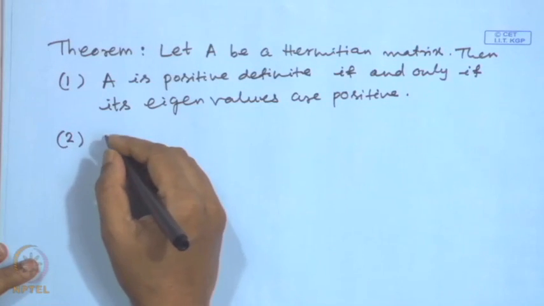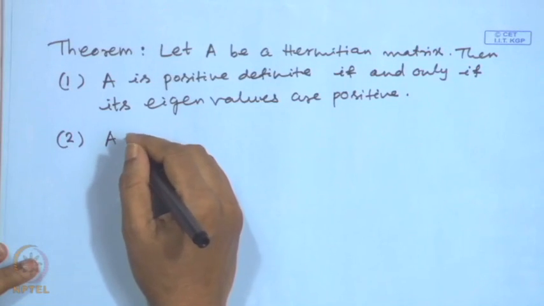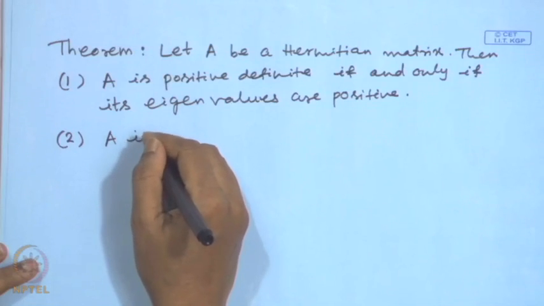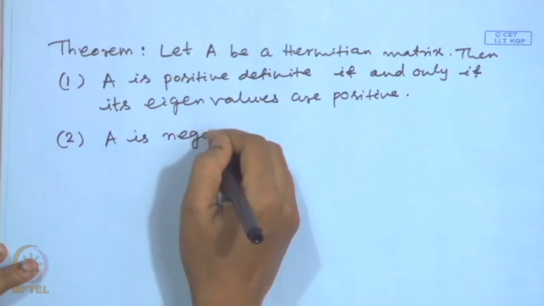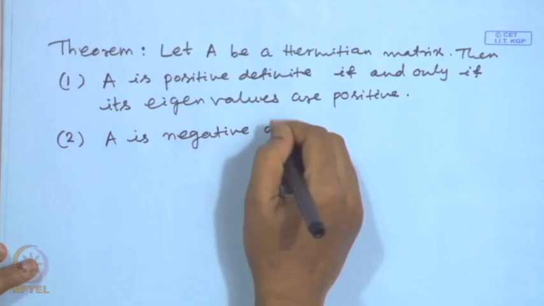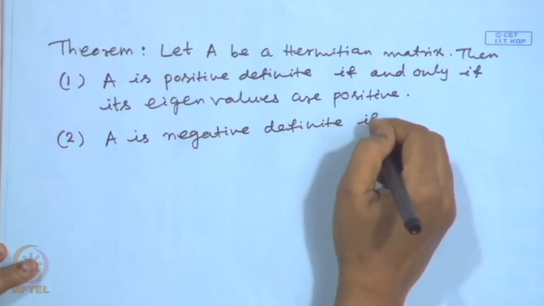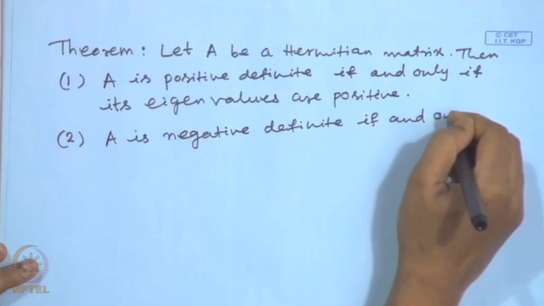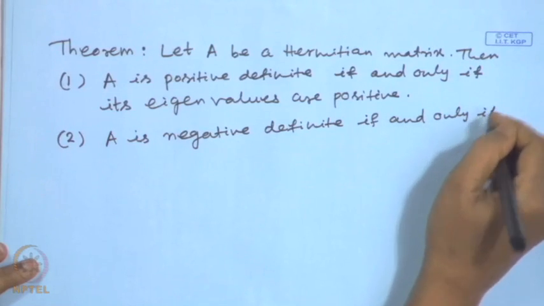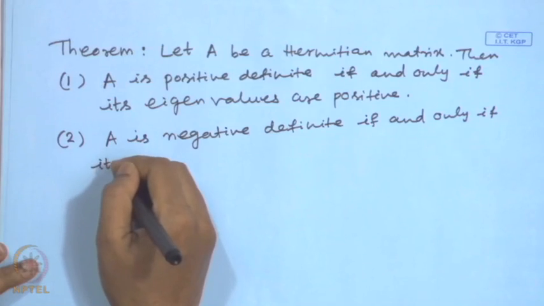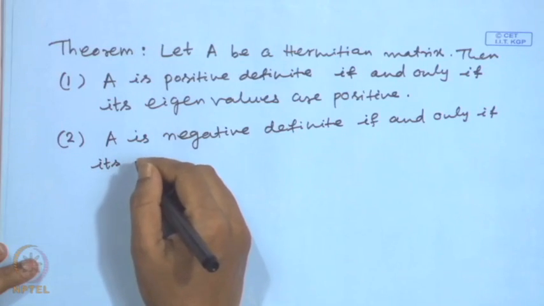Similarly, the second one is like this: A is negative definite if and only if its eigenvalues are negative.